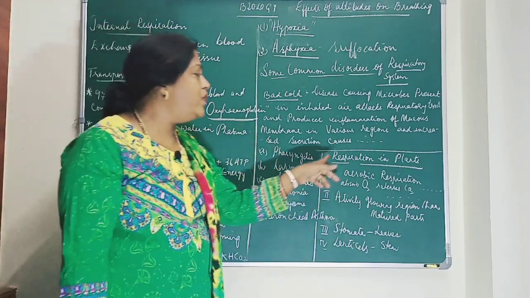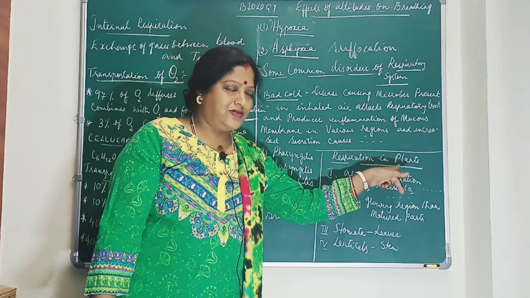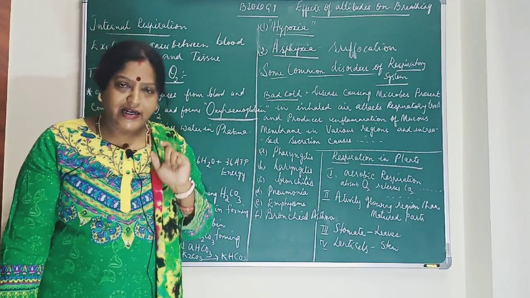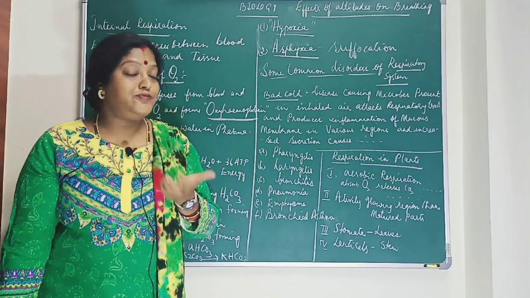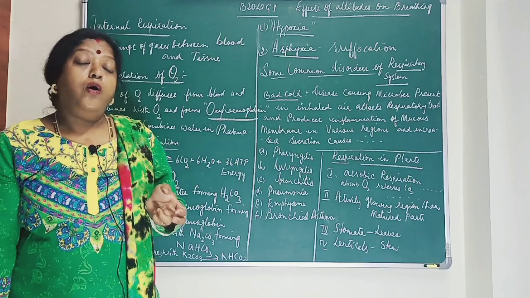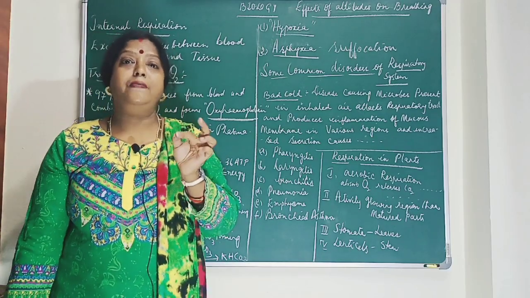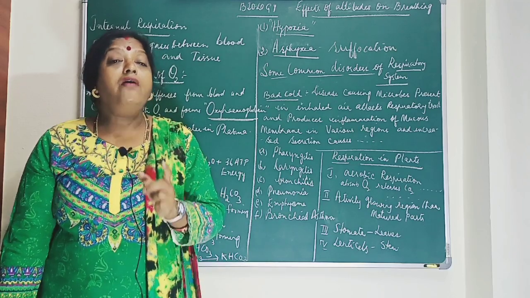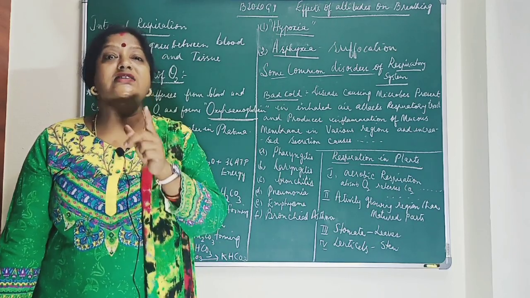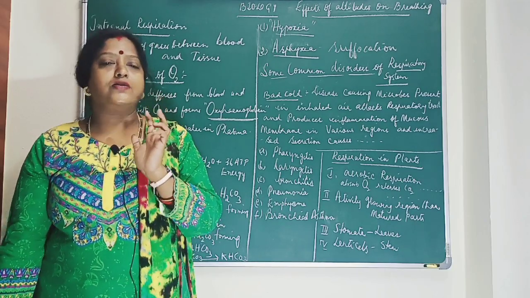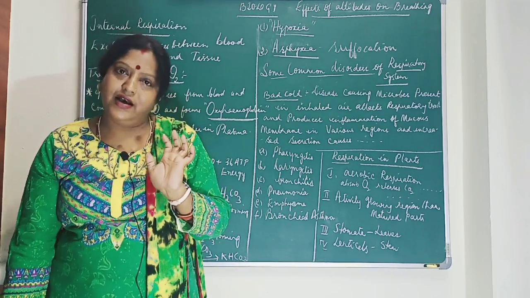And next we'll go to respiration in plants. In plants also aerobic respiration takes place, where oxygen is absorbed and carbon dioxide is released. All the living cells in the plant take oxygen and release carbon dioxide, however deeply they are seated. Children, roots also respire, taking oxygen and releasing carbon dioxide in the soil.